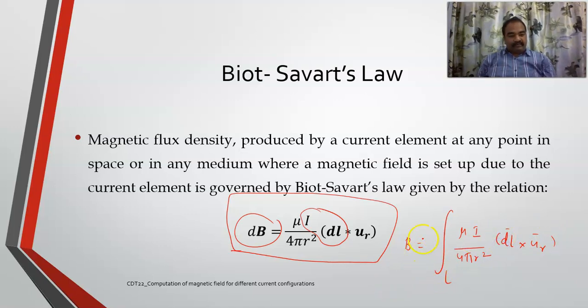And if we want only the magnitude, we will integrate it over the entire length, mu I by 4 pi r square into dl into sine alpha, where alpha is the angle between the current element and the point of consideration, isn't it? And if you want H, it is very simple, B by mu. So this is what we have seen in the last lecture.